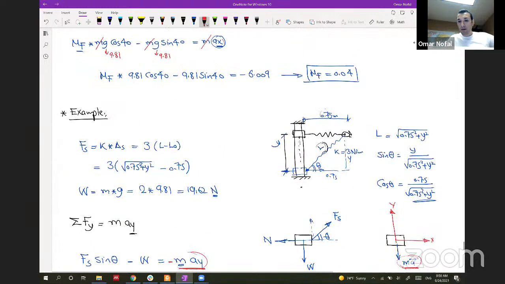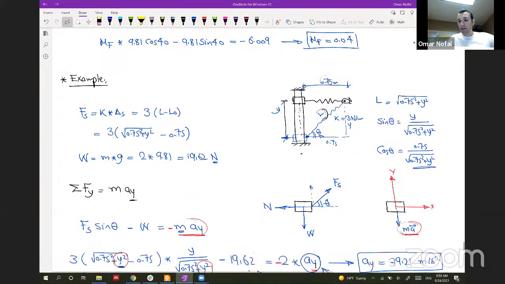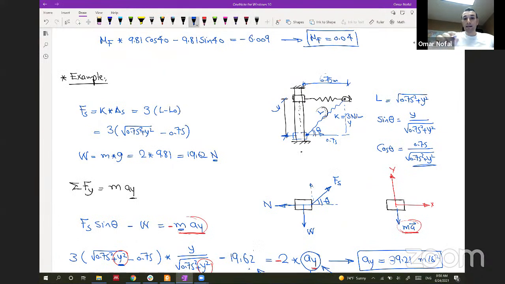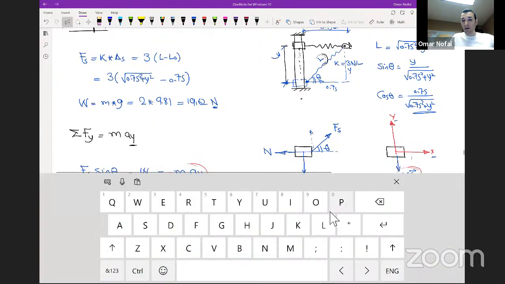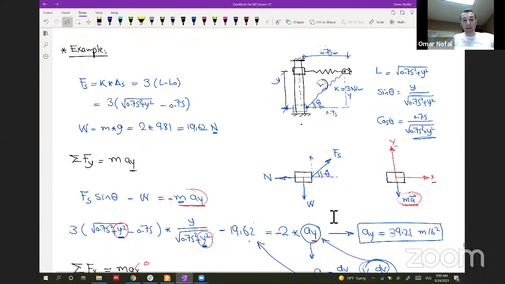In this one, we also assume the x and y axes in this direction, and we have the motion in the negative direction, MA. So when we construct Newton's second law in the y direction, we should have negative MAY. AY here is the magnitude of the acceleration, and the negative is the direction of the acceleration.